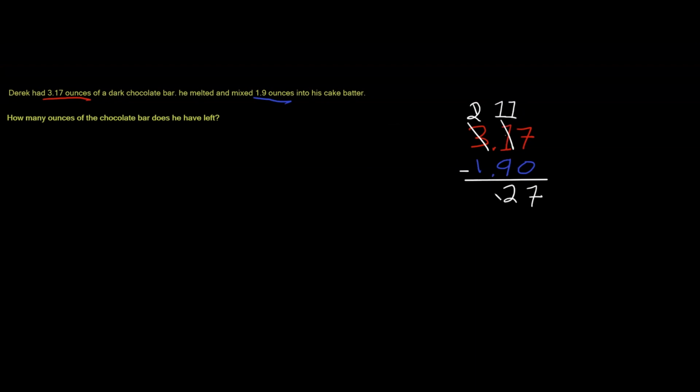Remember to drop down our decimal place here. And then 2 minus 1 is 1. So the answer to this problem, how many ounces of the chocolate bar does he have left? He has 1.27 ounces.